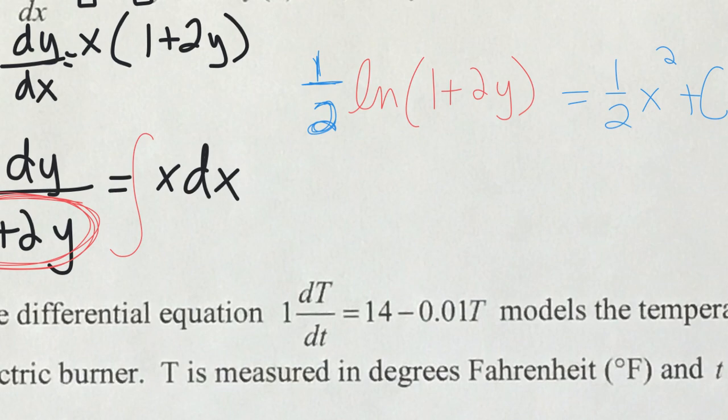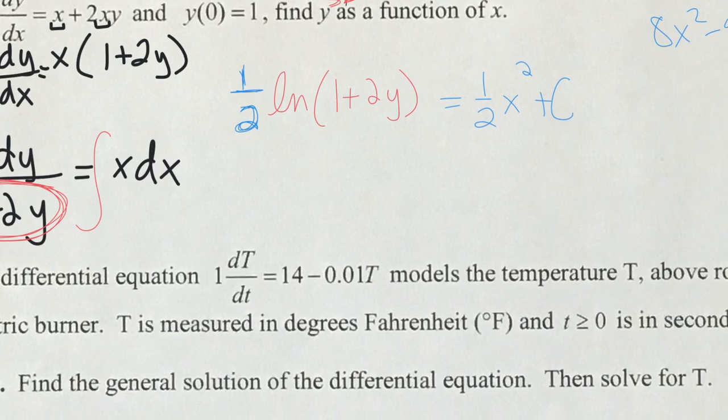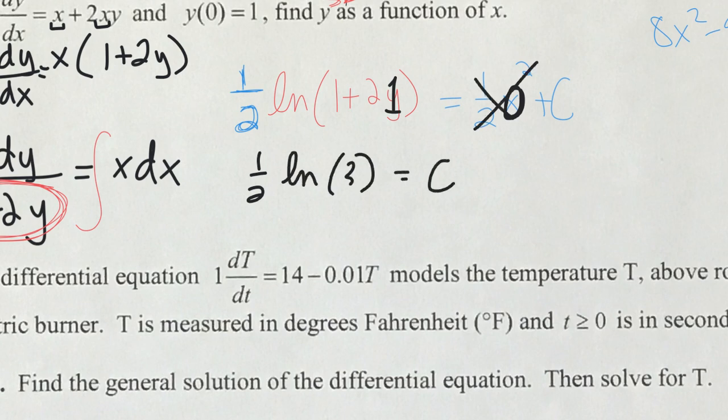So now we're going to go ahead and solve this equation for c by plugging in 0 for x and 1 for y. And let's see, what do we get? We get 1/2 of the natural log of 3 equals c, because all that's gone. So if I take this up here as a 1/2 power, that becomes the natural log of root 3 as your c value.